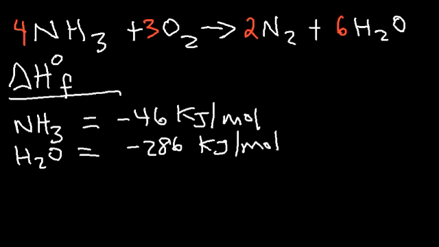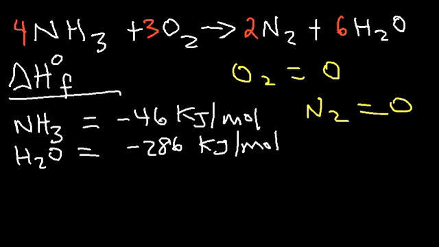By the way, the standard heat of formation for any pure element, like oxygen, is going to be 0. And for nitrogen, it's 0. For any pure element, the enthalpy, the standard heat of formation, and the Gibbs free energies can be zero for pure elements. But the entropy, delta S, it's not zero for a pure element.